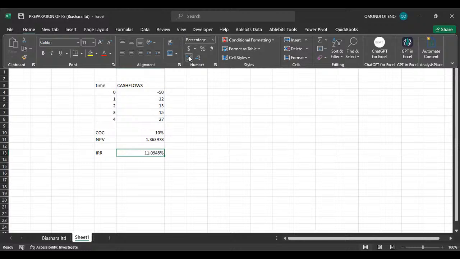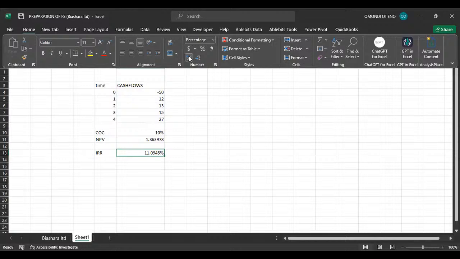If you decrease those decimals, you are seeing 11.095 as the internal rate of return given by Excel. Ours was 11.188 or something like that. Excel figure is 11.09. Which figure will you tend to trust more?